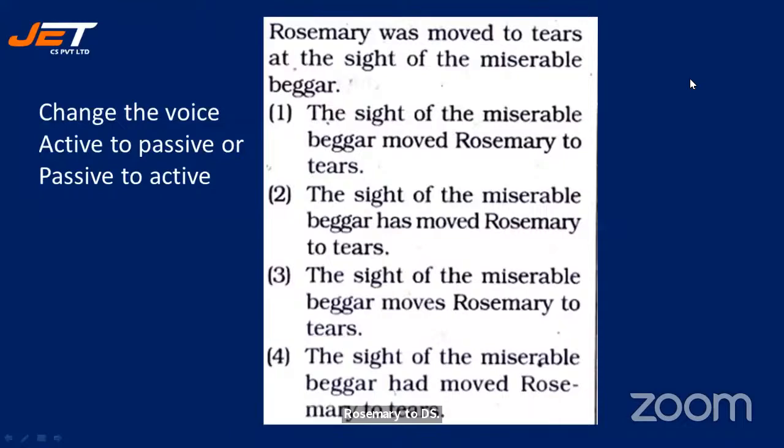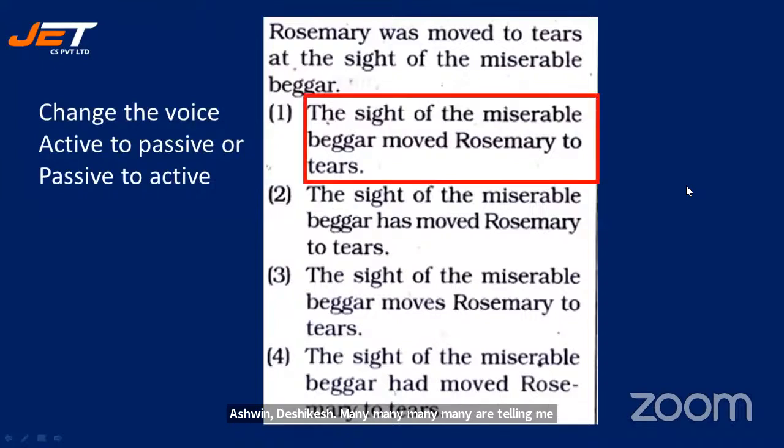All right, so quickly give me the answers. Let me see how many are giving me the answers and how many of their answers are right. So Monica, Taruni, Akshaya, Gayatri, Sarvesh, Ashwin, Rishikesh, many are telling me the answer is 2. Let's see, the answer is 1.